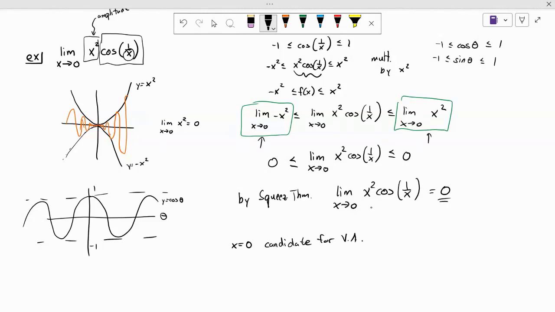So is x equals 0 a vertical asymptote? No, right? That's because the limit wasn't infinite from any of the sides. The limit exists and it's equal to 0.